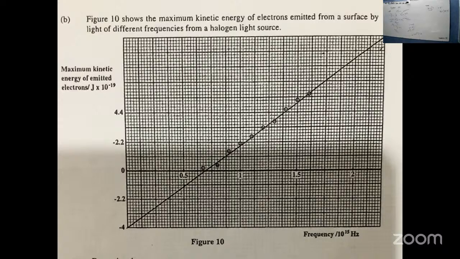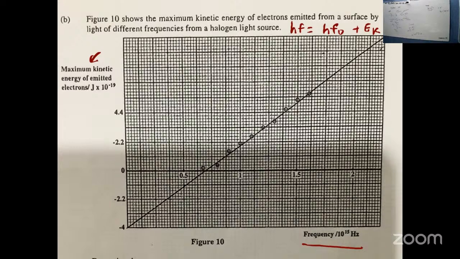Now, I don't know if I gave you this version. This is frequency, and this is kinetic energy. So rearrange: kinetic energy is equal to hf minus hf naught.